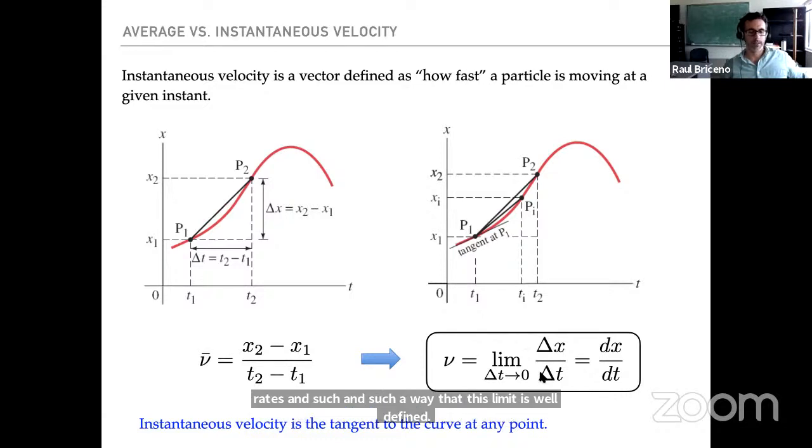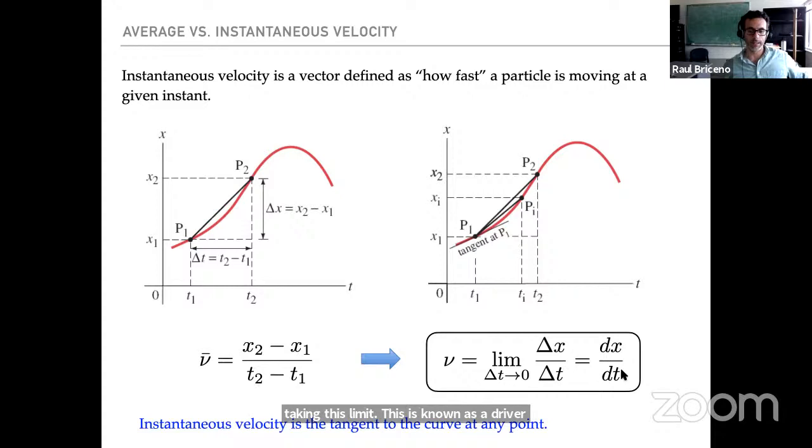Okay, mathematically, we denote this limit, where delta t is going to 0, as dx over dt, right? The delta is essentially the Greek letter for d, so we just replace a delta with a d, telling us that we're taking this limit. This is known as a derivative.